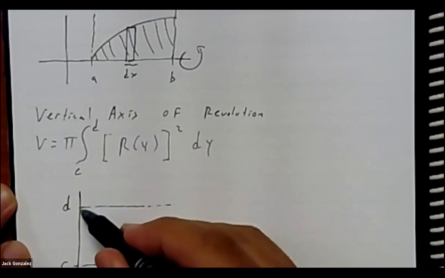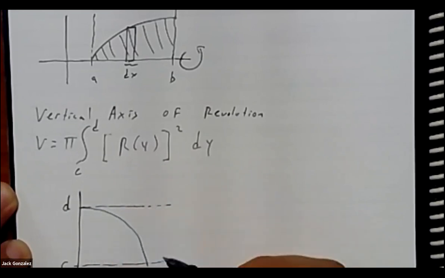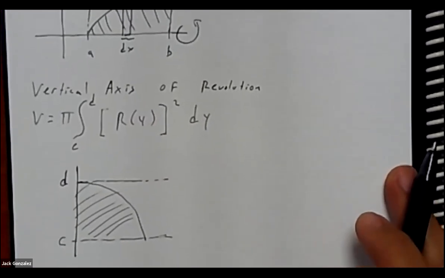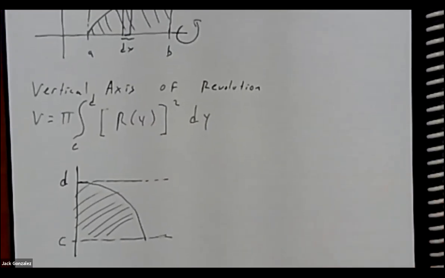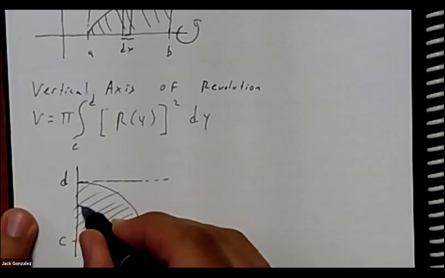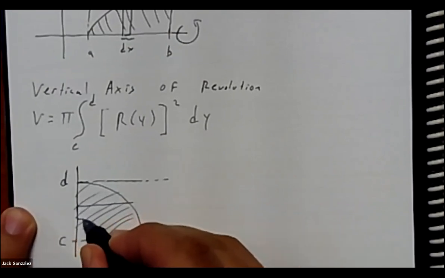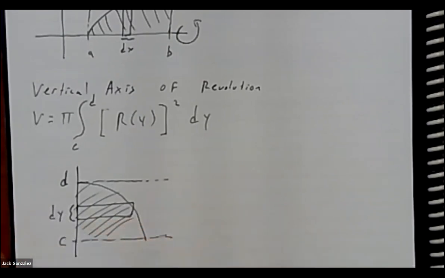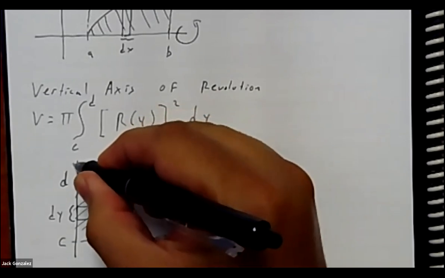Let's say that the graph is going this way, and I have this region that I'm rotating vertically. If I'm slicing this way, then I have to have dy, right? I'm sure you saw those problems in 7.1, when you had to solve for y and it was a different direction, right? So when that happens, the rotation has to be on the y.